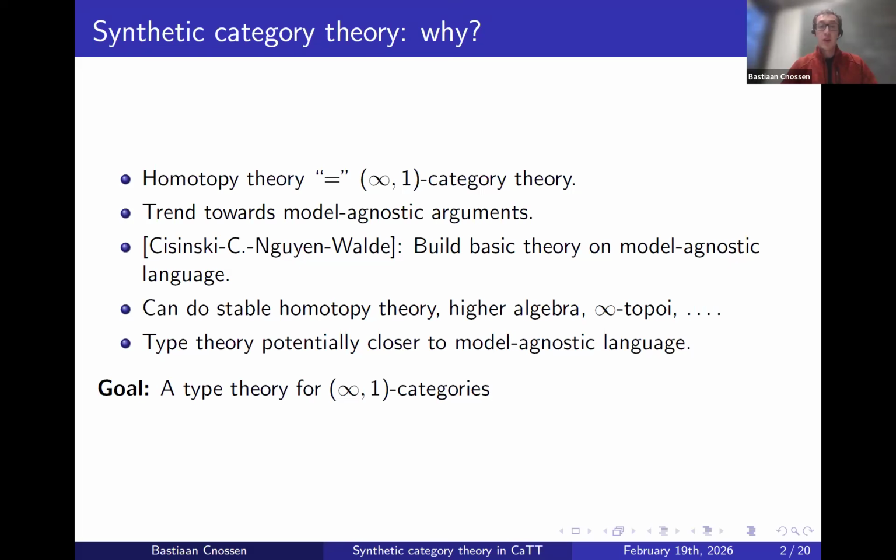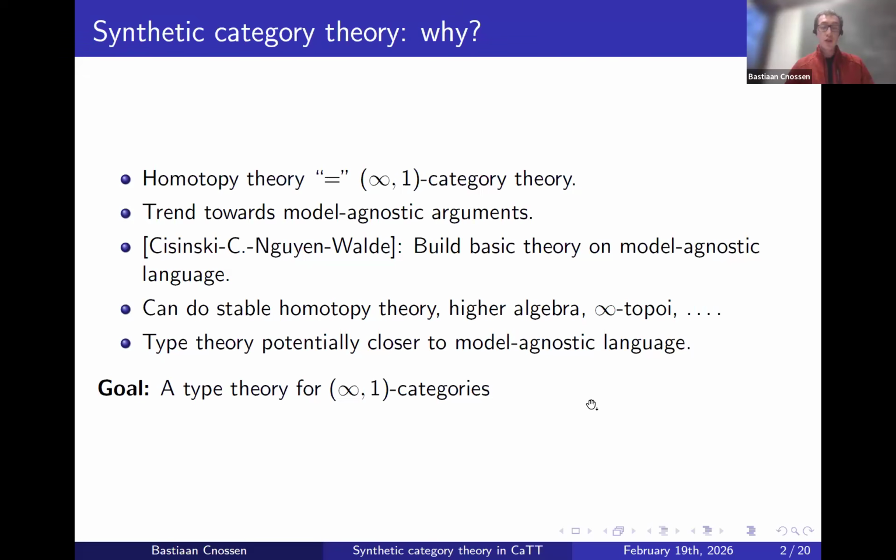The reason why this is interesting is that all these usual structures that we encounter from stable homotopy theory and higher algebra and the theory of infinity one topoi are inherently about the theory of infinity one categories and not about specific choices of models. So this leads to the question, can we find a type theory that captures this model agnostic language? In other words, is there a type theory for infinity one categories?